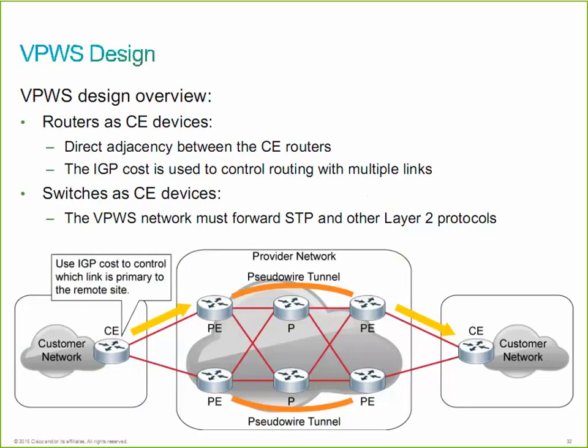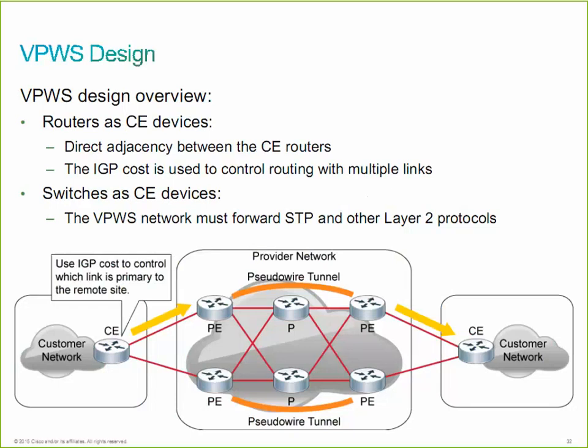When we connect a router to a VPWS, we have to deploy some sort of IGP routing protocol to forward the traffic between the sites because the network is essentially transparent to the CE routers. So the CE routers can form direct neighbor relationships, direct adjacencies. The entire MPLS service provider cloud is transparent.